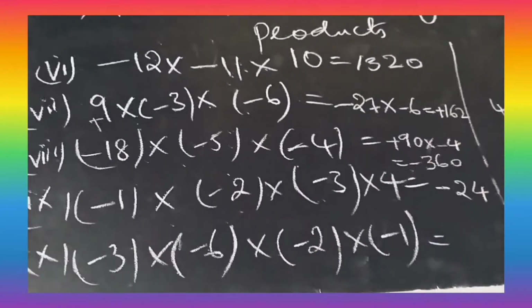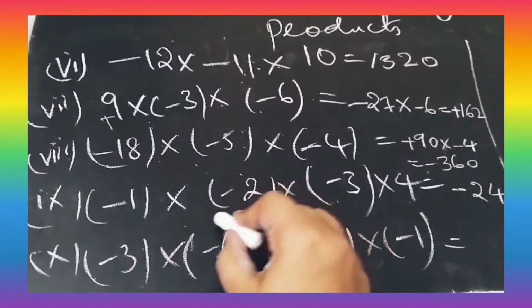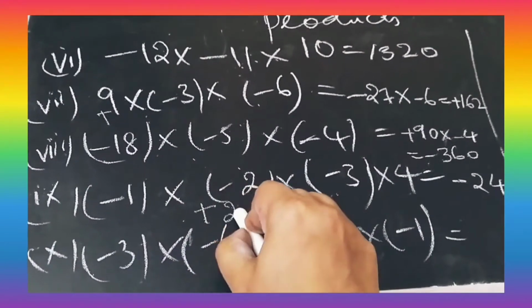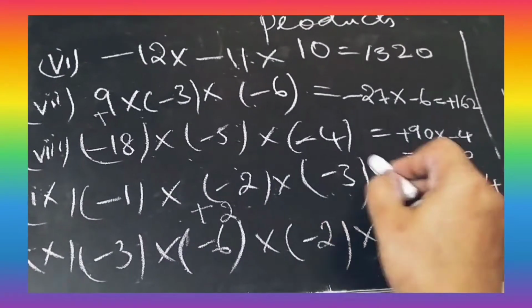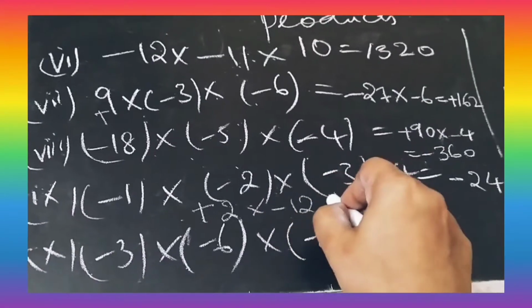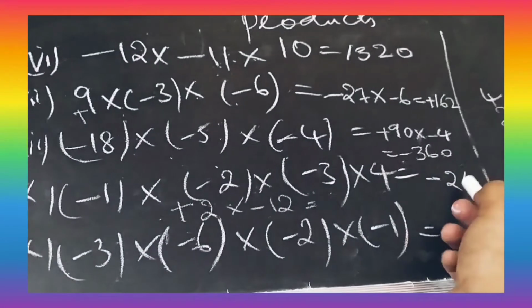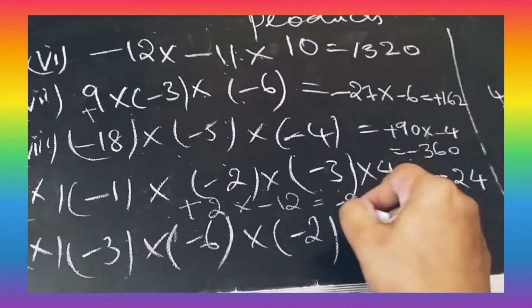Got it? If you want to do it this way: 2 ones are 2, minus into minus is plus, you can write plus 2. Then 3 fours are 12, minus into plus is again minus, minus 12. What is 12 twos? It is again 24. Plus into minus is minus. It is also minus 24.